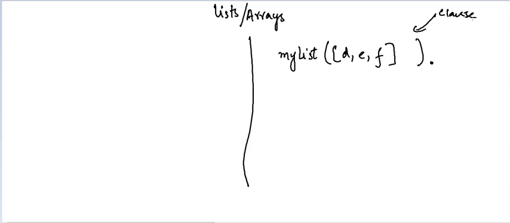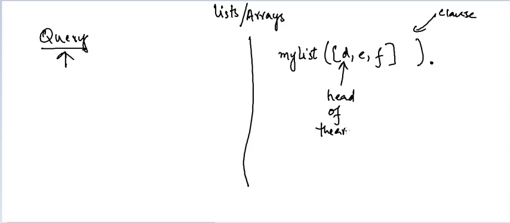Okay, now I want to ask a query, right? Before I do that, let me explain something to you. In Prolog or in declarative programming, the first element of an array is always considered to be the head of the array, and the remaining elements are considered to be the tail of the array.